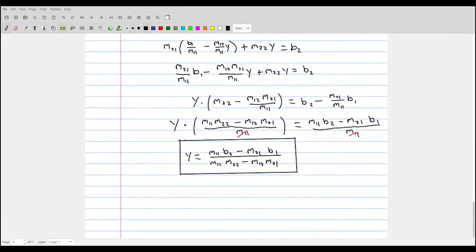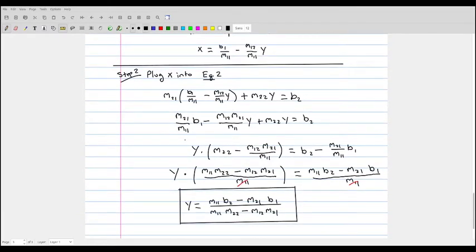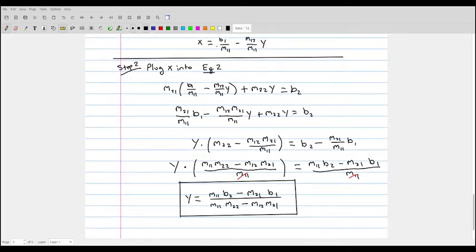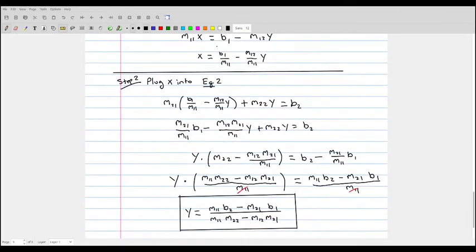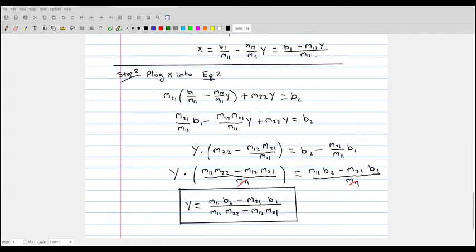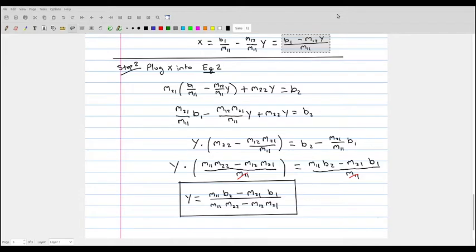And we're almost done, but we also have to figure out what x is as well, because remember, we solved for x as well. So what we got for x is that x is equal to b1 minus m12 times y, all of this divided by m11. So we need to take this and also plug y back in to get our final value for x.